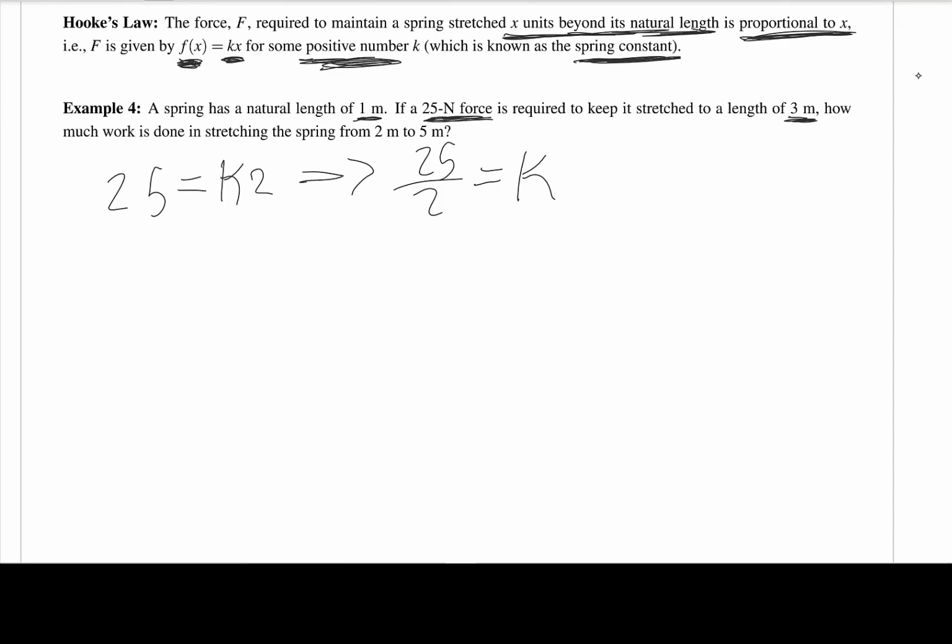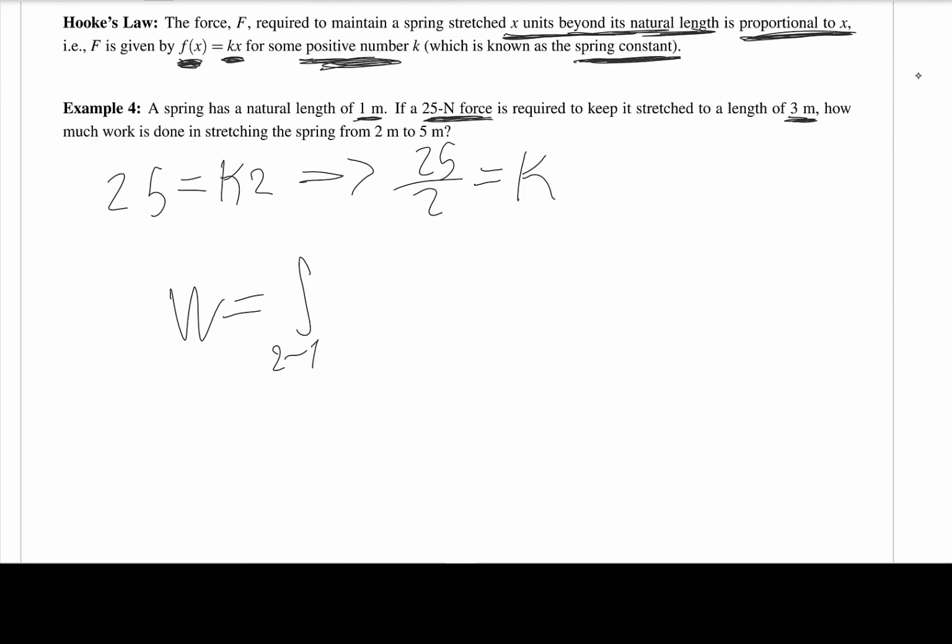So now, if I want to know how much work is done in stretching the spring from 2 meters to 5 meters, I'm going to use our integral to calculate work. But this is not the integral from 2 to 5. We need to take into account the natural length of the spring.